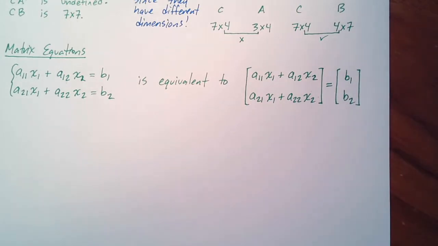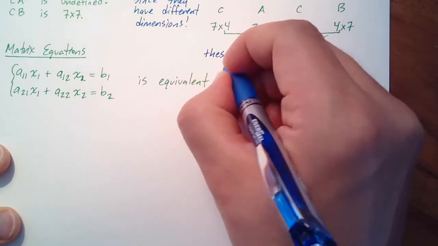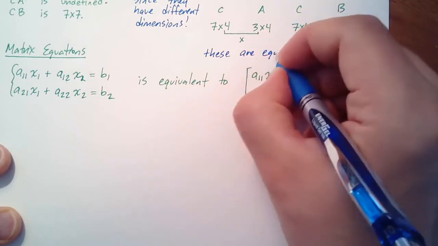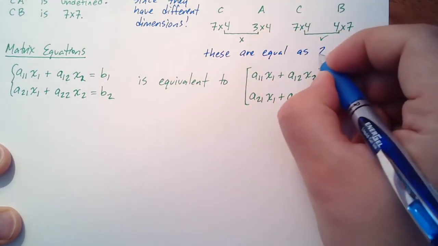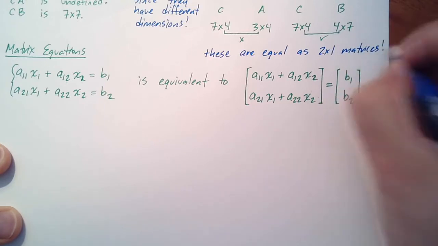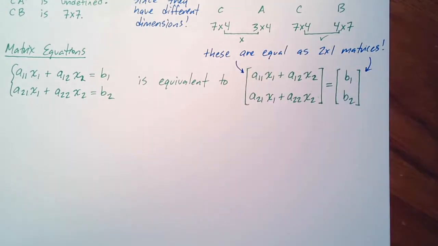So the point here is that these two matrices that are both 2x1 are equal as 2x1 matrices.